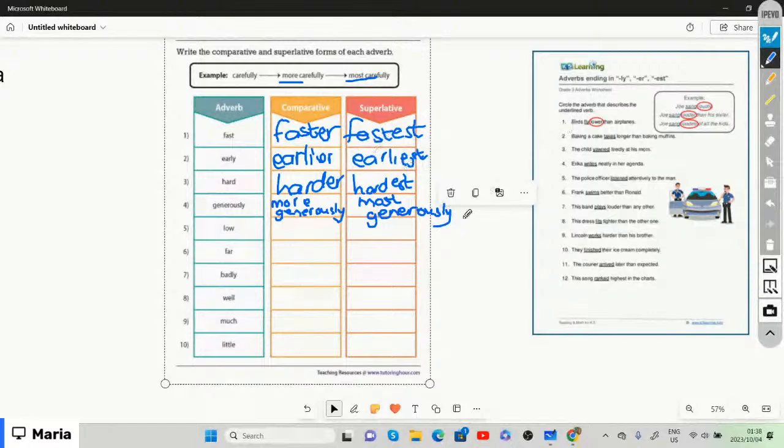If we look at low first, can you think of the comparative form of low? We can say low, lower. And with the superlative, we can say lowest.